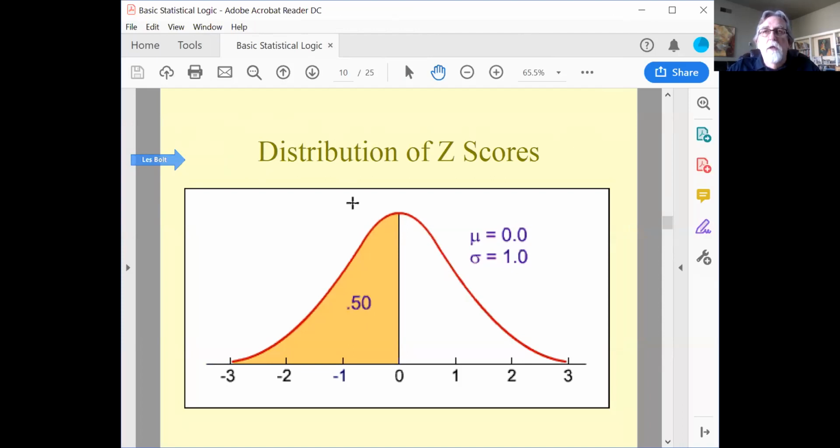And the most basic normal distribution, or the most predictable normal distribution, I guess, is a distribution of standard scores or z-scores. And so we're going to use that as the jumping off point, not because we're going to talk about z-scores in this evaluation, but because the logic begins there.